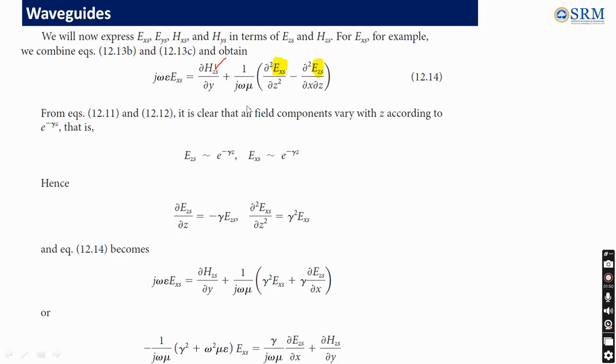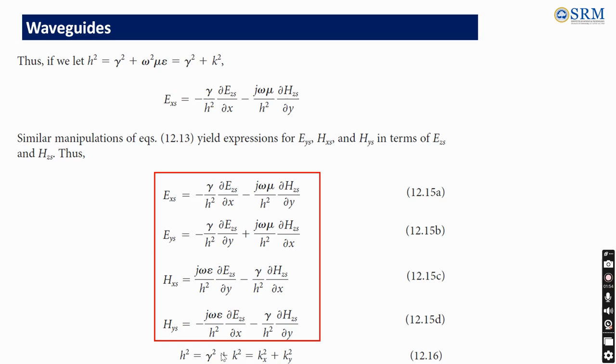And we are going to make one assumption that γ² plus ω²με is going to be h². I can write it in another way, that is γ² plus k², because k is the propagation phase constant, that is equal to ω√(με), right?